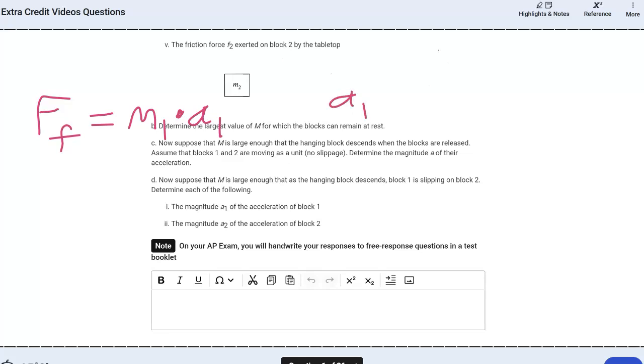So a1 equals our frictional force over m1.